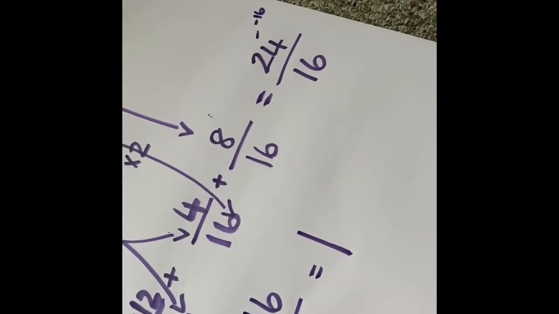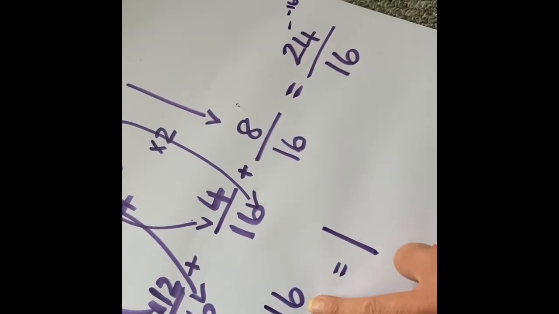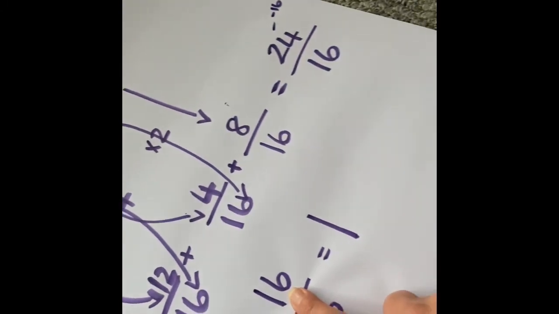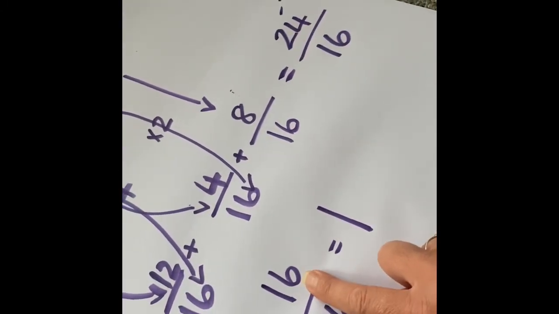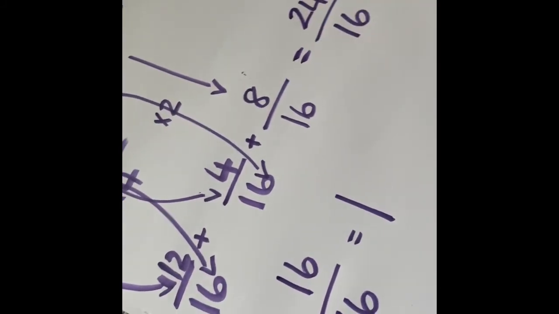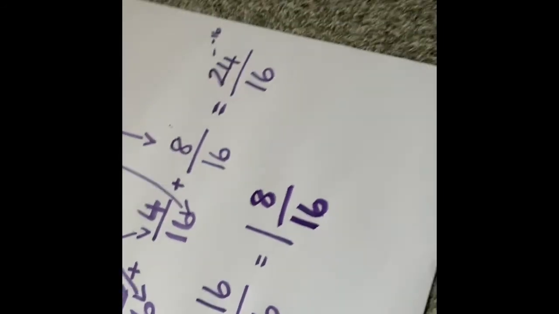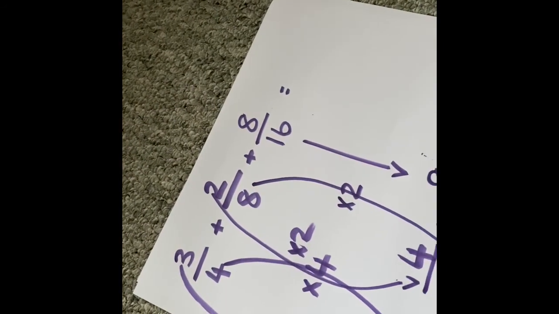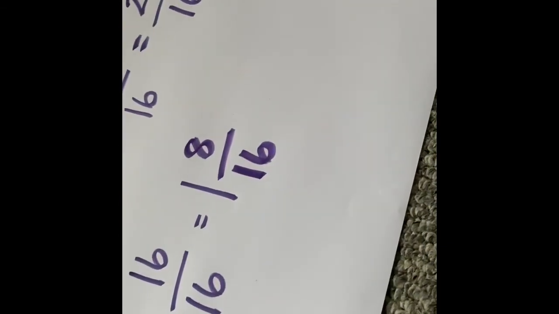So you can either count up from 16 to 24, or you could be at 24 and count back to 16. Or you might already know that to get to 20, you need to add 4, and then you've got another 4 here. So 16 plus 4 is 20, plus another 4. So I know that I have 8/16 there. 3/4, 2/8 and 8/16 equals 1 and 8/16.